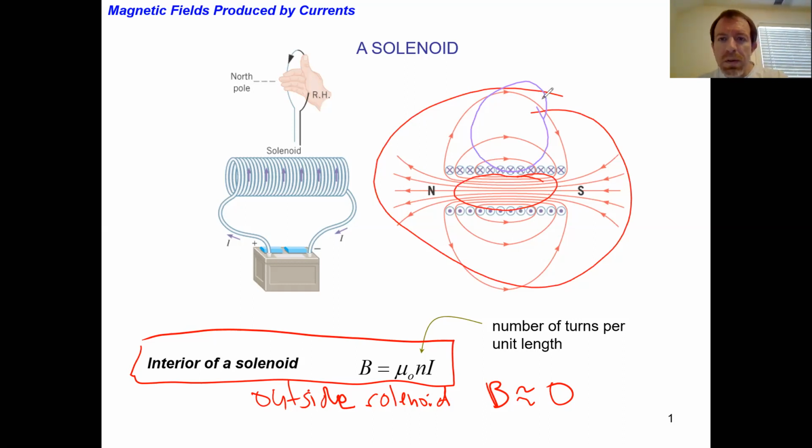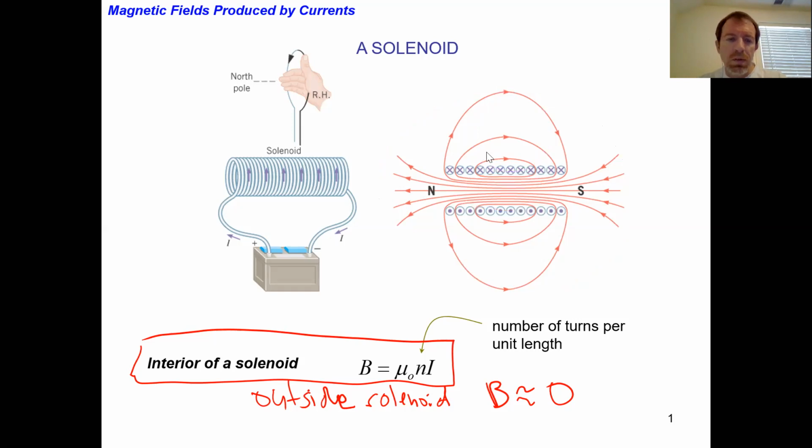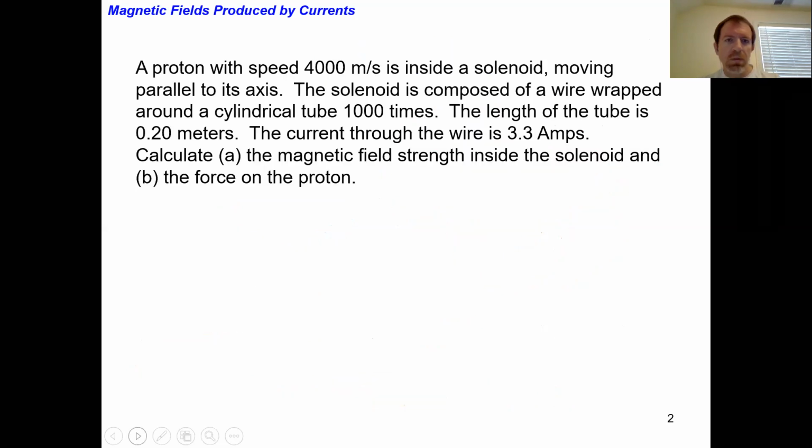All right. So let's do an example problem with this. This example problem says that we've got a proton that's moving at some speed. It's inside the solenoid, and it's moving parallel to the solenoid's axis.